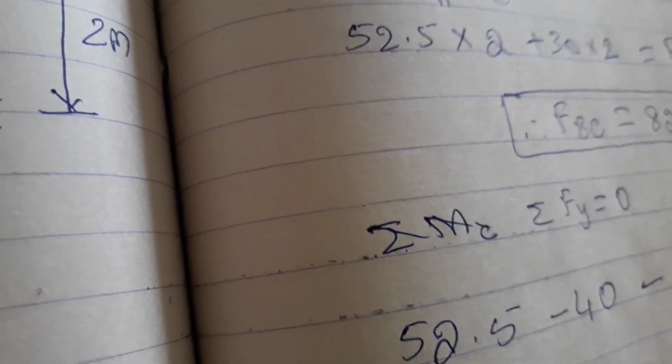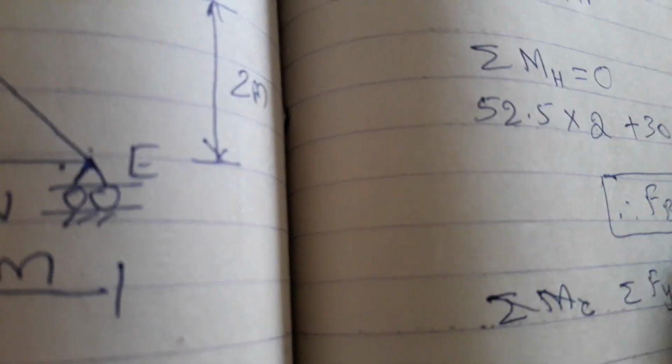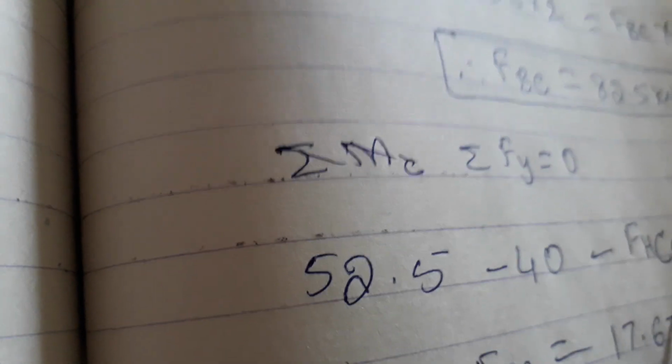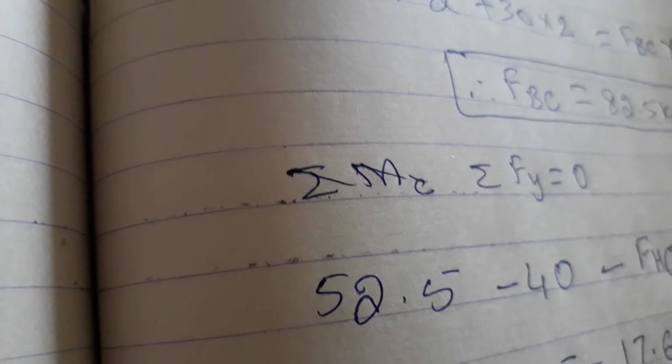FHC is equal to 52.5 minus 40 divided by cos 45. You get 17.678 kilonewton.